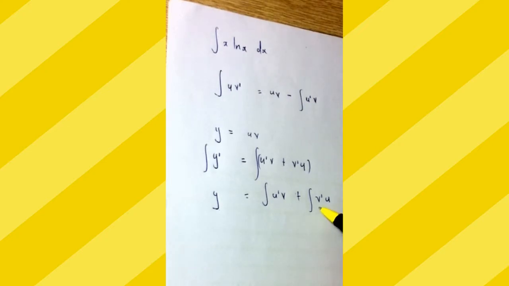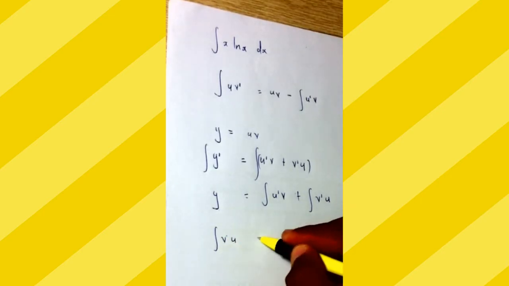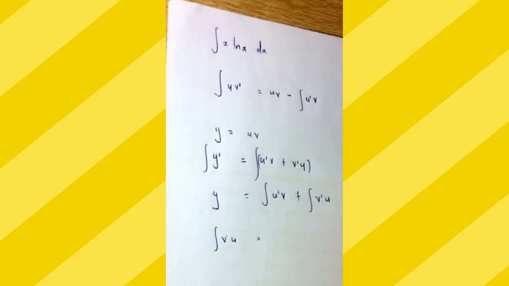So making the integral of the derivative of v multiplied by u the subject of the formula, I'm going to get the integral of v multiplied by u is equal to y minus the integral of the derivative of u multiplied by v.